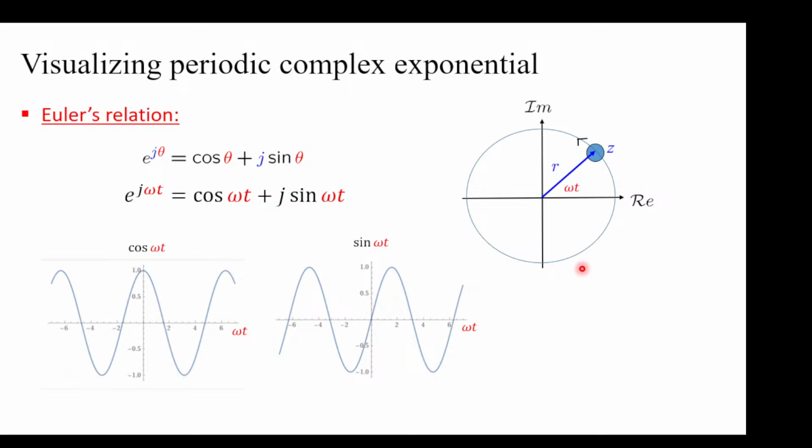Any questions from this extra slide so far? No. Okay. So these are the two ways you can visualize e to the j omega t. It is something that's running in a circle on your complex plane, or you can think about its real part and imaginary part oscillating like a sinusoid.